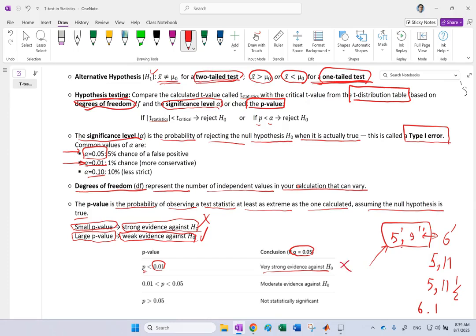On the other hand, if p is way more than 5%, like 6, 7, 10, 12%, 20%, then I can accept it and say these two are not statistically different. But if it's between 1 and 5%, it's moderate evidence. It's not really easy to accept or reject.